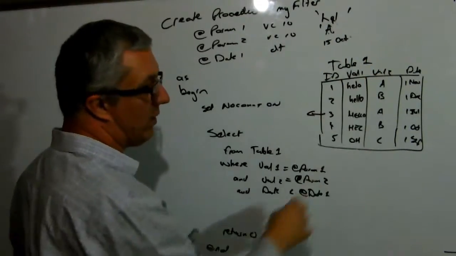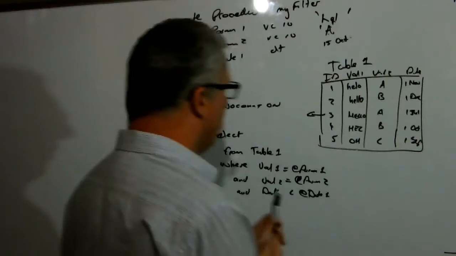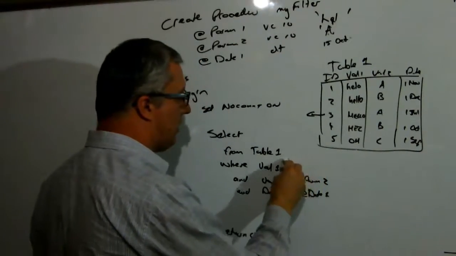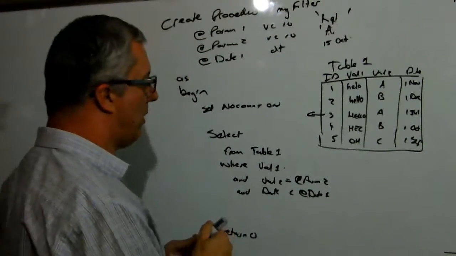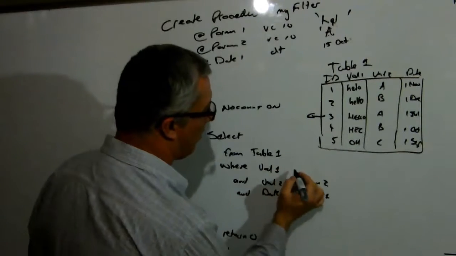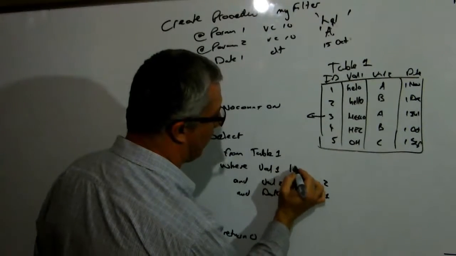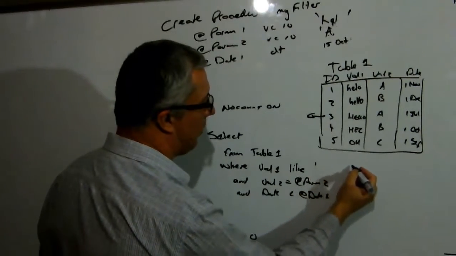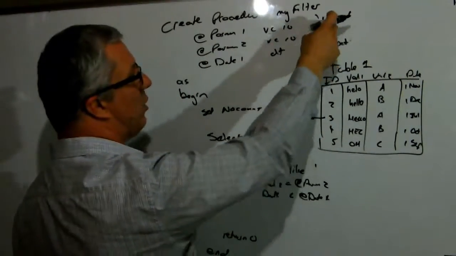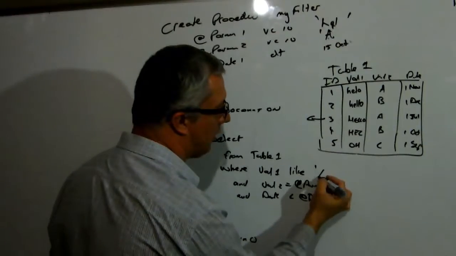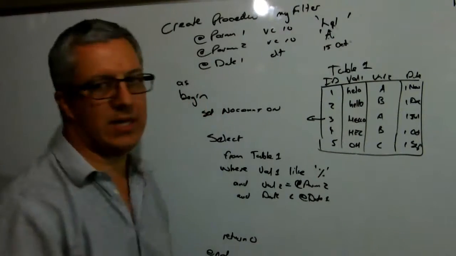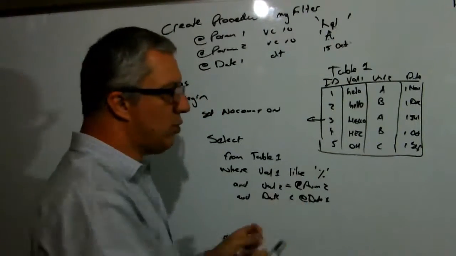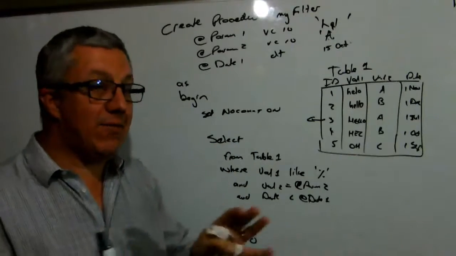So my value 1 is the one I'm working on. So I need to change this now to work on a wildcard. So I want to find val1 where it is like, and then I want to find something that looks like L. Now the wildcard character in SQL is a percentage. So percentage means anything, any value.